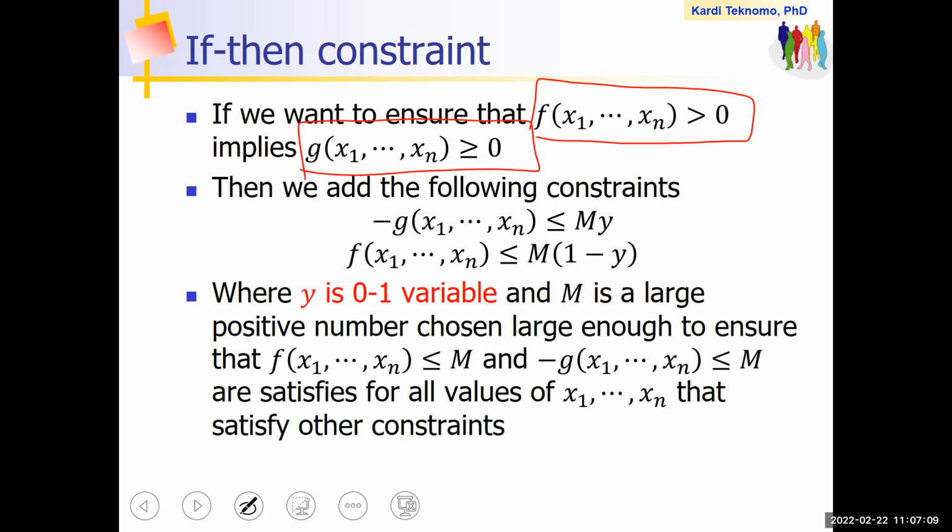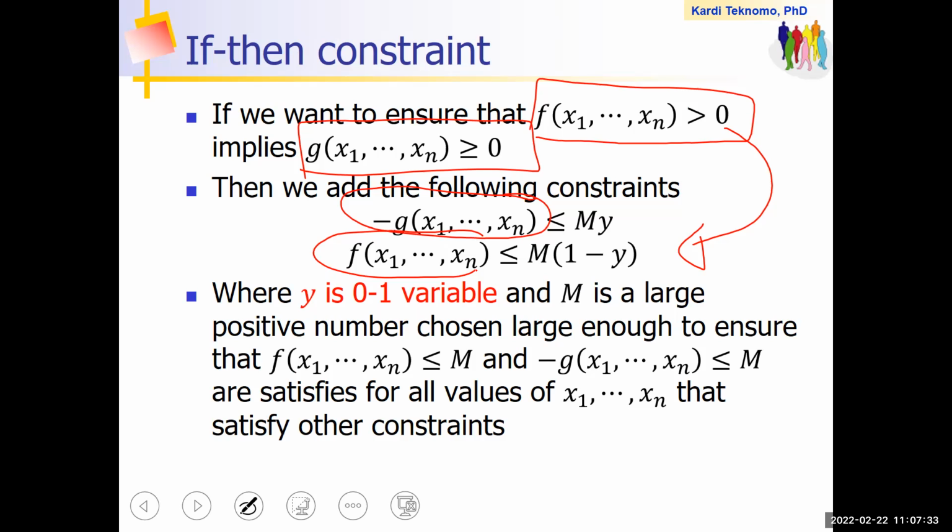Again, you can set up this if-then constraint into 0 and 1 variable, by setting up that minus g less than m y, and then f here is less than m multiplied by 1 minus y.